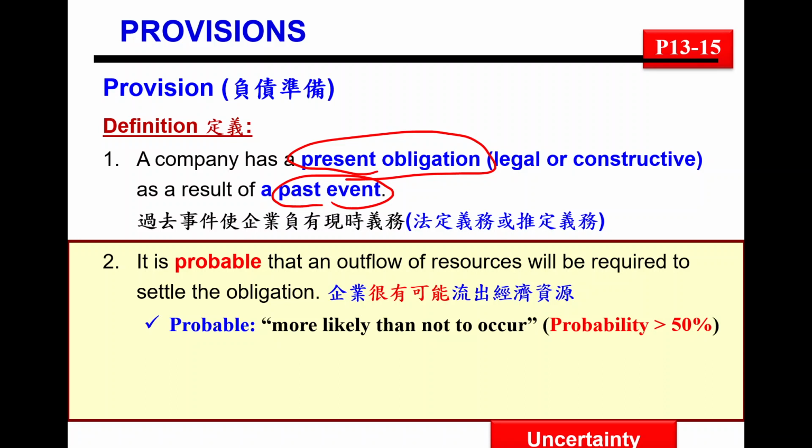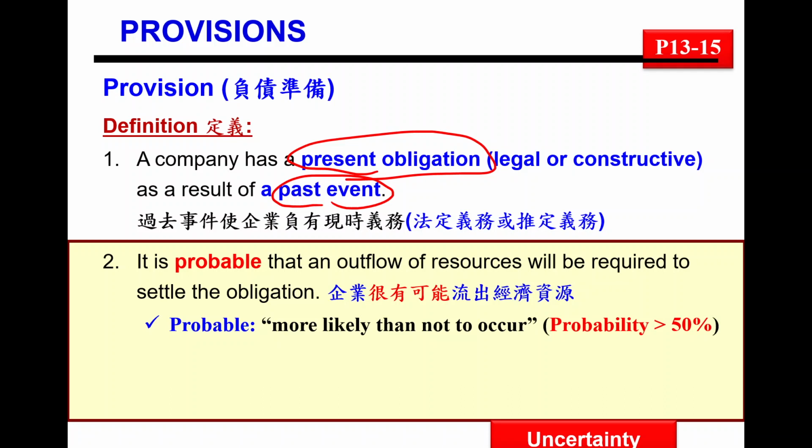We only report the information to investors when it's probable, when the possibility is higher than 50%. If the possibility is lower than 50%, then we skip it, because the chance that the event will happen is pretty low. Since it's pretty low, we don't need to report the information to users. So the first requirement is probable.